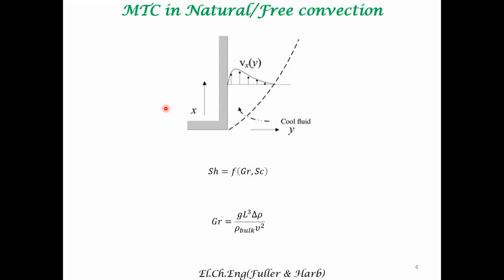A lot of this research was done in the early 80s, and there are some specialized books that deal not only with these correlations, but also how these correlations and mass transfer coefficient can be applied to electrochemical reactors.